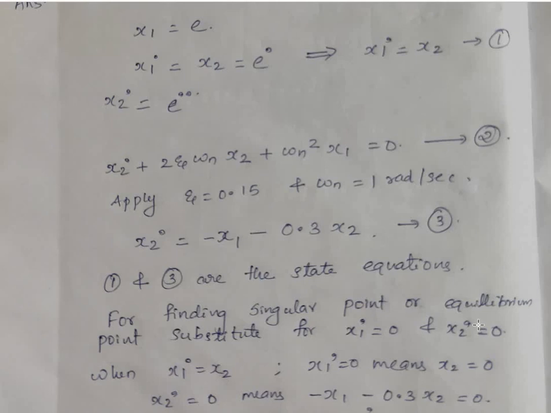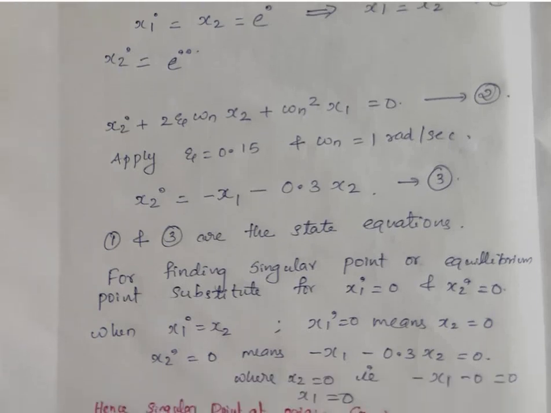So for finding the singular points, first we have to take the derivatives of the two state variables and equate them to 0. So substitute x1 dot equal to 0. When you substitute x1 dot equal to 0, x2 will be 0. Now substitute x2 dot equal to 0. When you substitute x2 dot equal to 0, this x2 is already 0, then x1 will be 0.